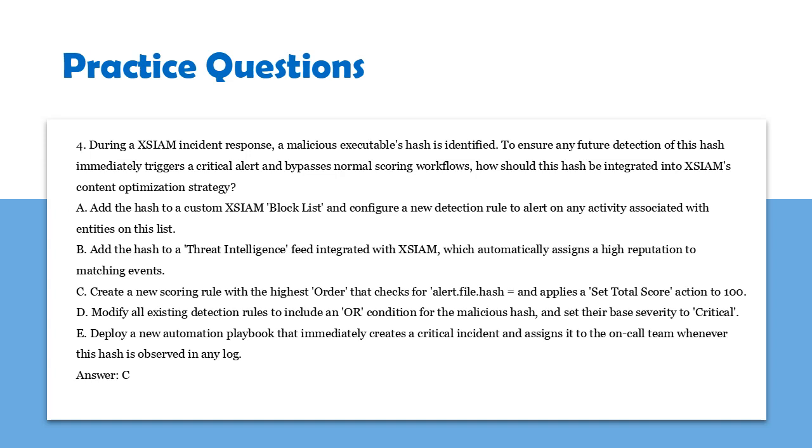D. Modify all existing detection rules to include an OR condition for the malicious hash, and set their base severity to critical. E. Deploy a new automation playbook that immediately creates a critical incident and assigns it to the on-call team whenever this hash is observed in any log. Answer: C.